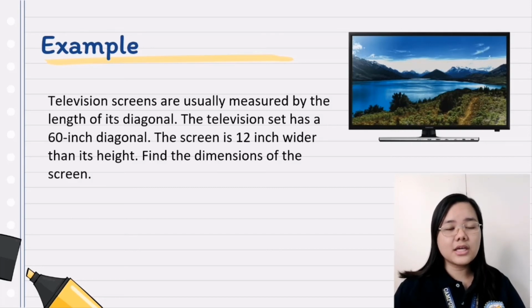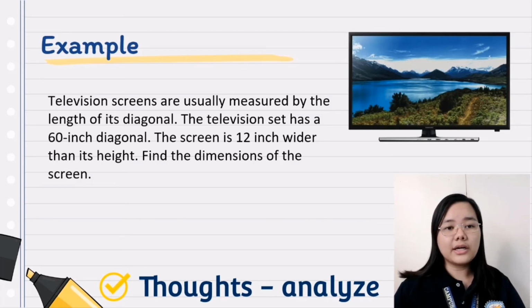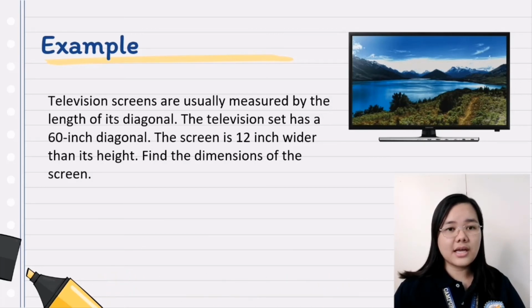Having read the question, we can finally analyze it. What are we looking for? What are the clues? What are the given? And what is the missing part? We can say that we have to find the dimensions of the television screen.